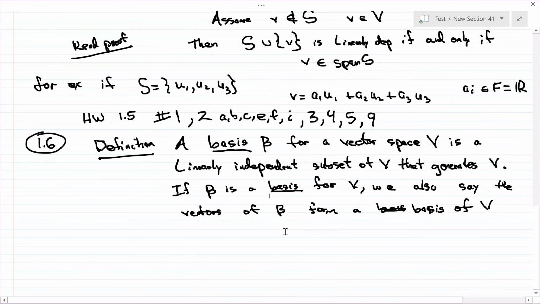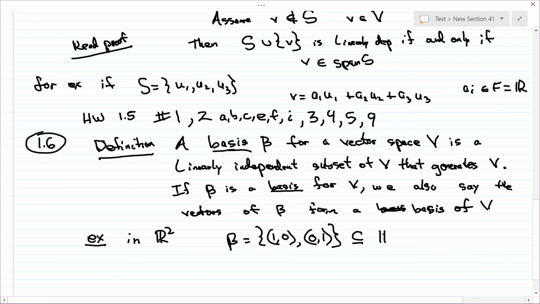So, example, in R2, beta equaling the vector (1, 0) and the vector (0, 1). So that's certainly a subset of all of R2.